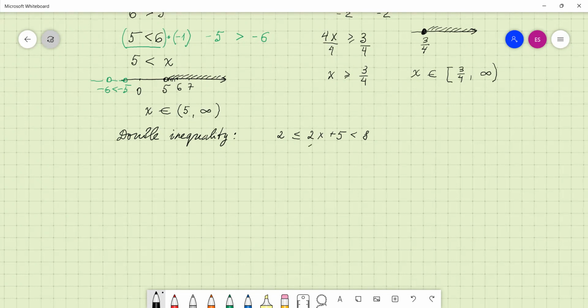So this inequality is actually two inequalities: 2 less than or equal to 2x plus 5, and 2x plus 5 less than 8. Usually we are not going to split an inequality in two, but if you like to do this, you're always welcome.